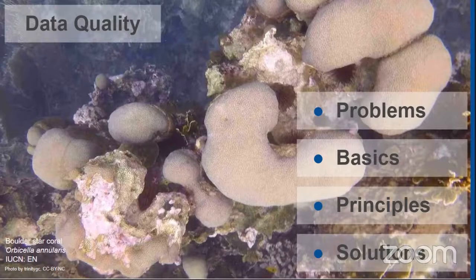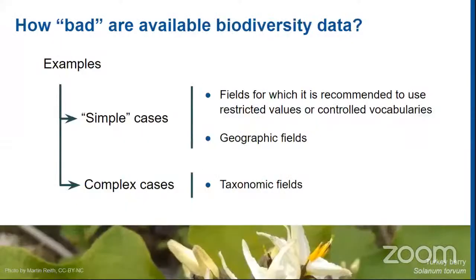Then we will explore some basic concepts and principles and some solutions that can be applied to improve the data quality. So let's start looking at some of the problems that we find out there in biodiversity data.